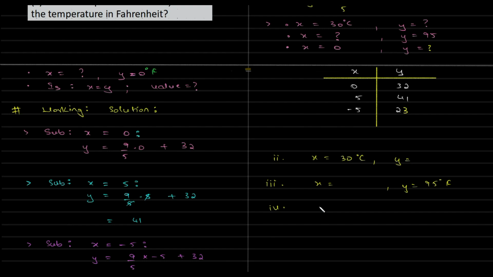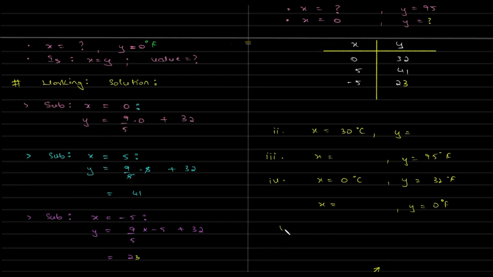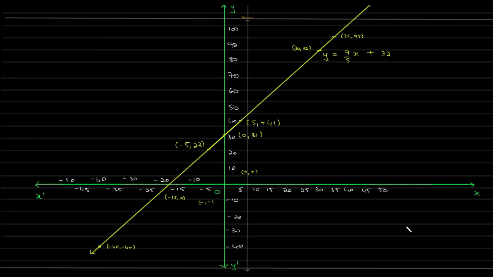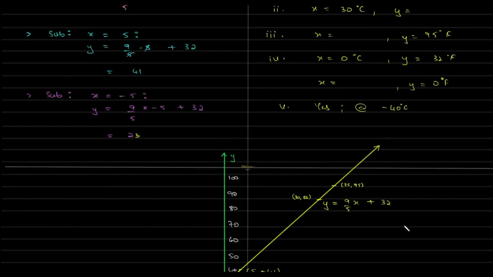And the fourth question, x is equal to 0, y is equal to 32, we know that, degrees Celsius. And same question, when x is what, y is equal to 0 degrees Fahrenheit. And the fifth question is, yes, not 0, sorry, I think 40, 40 degrees Celsius. Yes, at 40 degrees, they are equal.